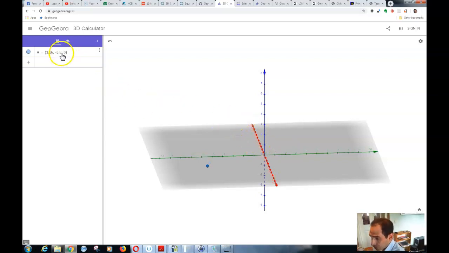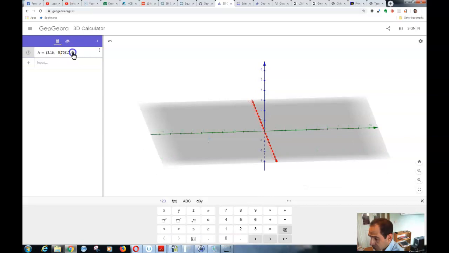So now I'm going to change the coordinates of this point to what we had over here, which is basically 0, 7, negative 10.